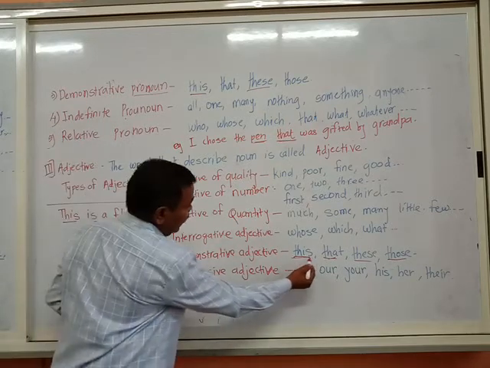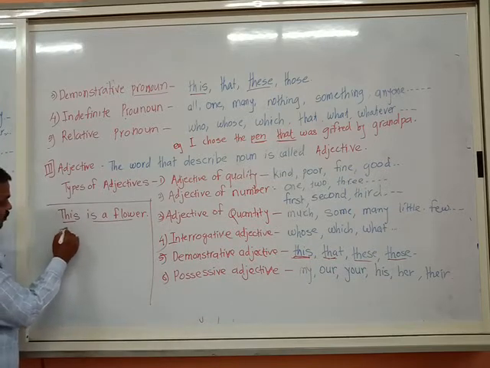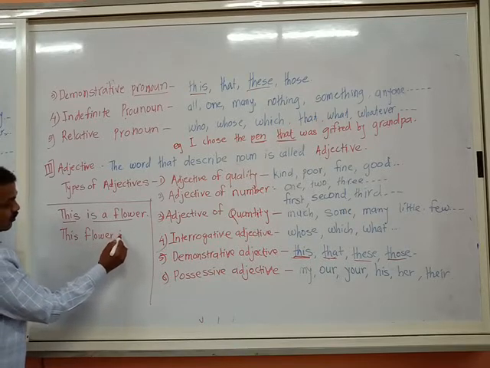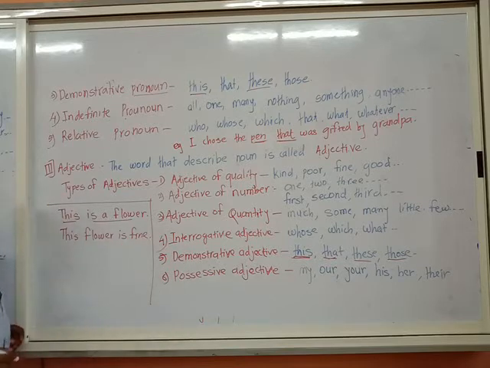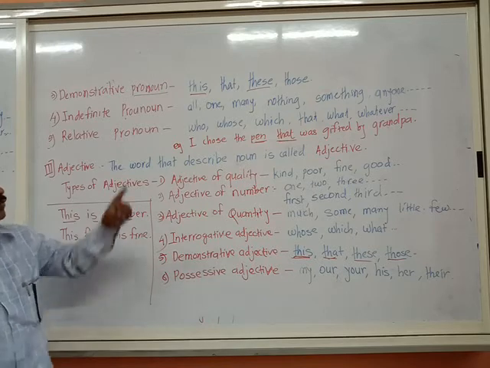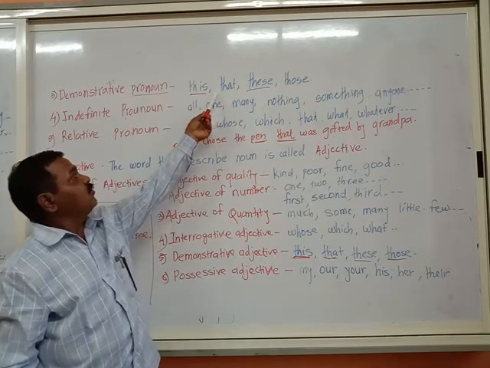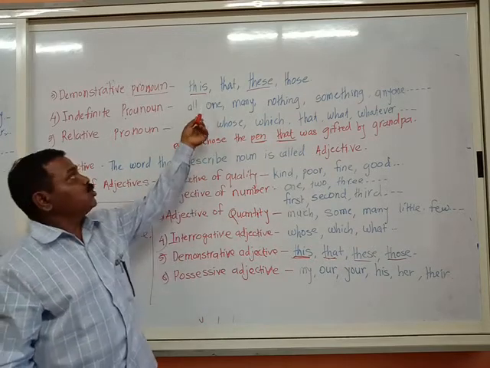The same word is here as an adjective also. What is the difference between them? When we show something with these words, this, that, these, those, they are demonstrative pronouns. They are used only to show something.